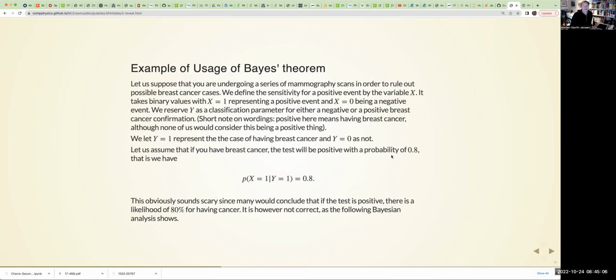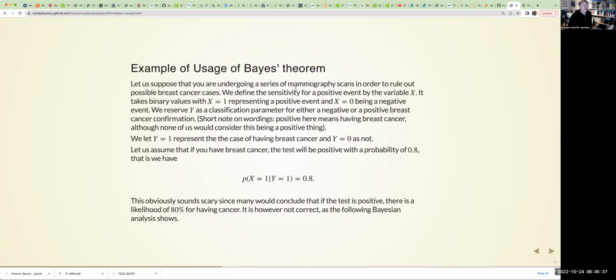Now let's look at an example in order to get some kind of feeling of what Bayes' theorem implies and why it is important to think in terms of Bayes' theorem. So an interesting case where the probability can be deceiving and may lead you to think that you do have cancer is to look at results from a mammography.